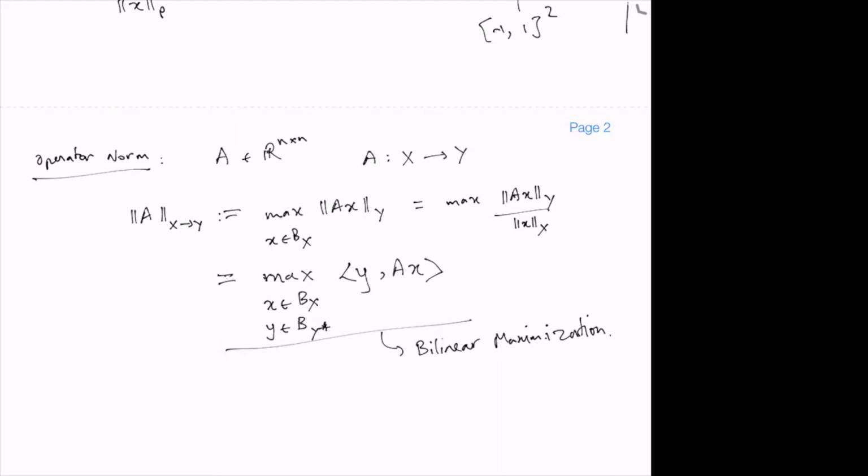And, if necessary, I will denote it by E comma F of A. So this is defined as the max, X in the unit ball of E, Y in the unit ball of F, of the inner product of X and AY.